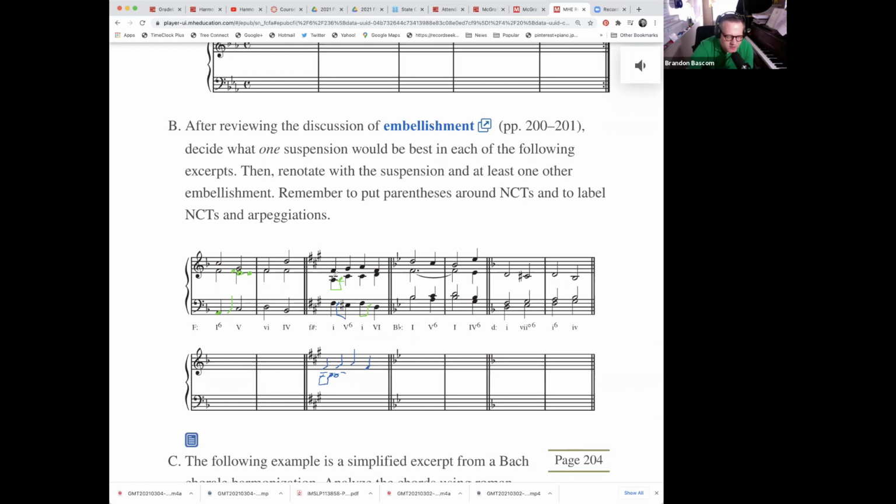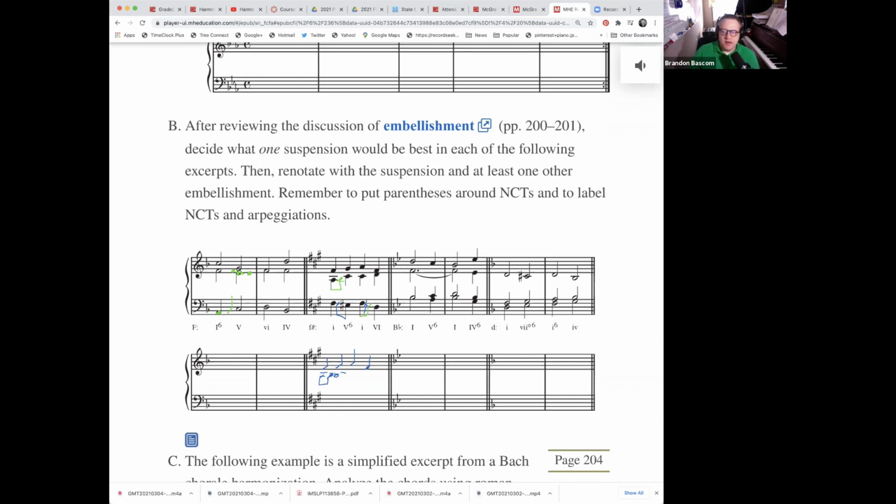So, Ethan, they take your E sharp here and make it an E natural. I think we always did it in E natural. I just never marked it. So all we're doing is dressing up, putting in non-chord tones.